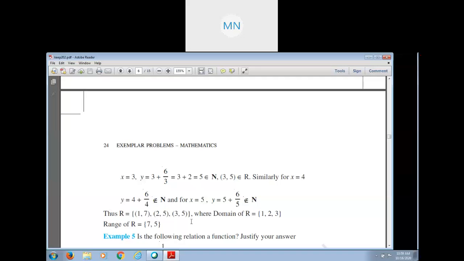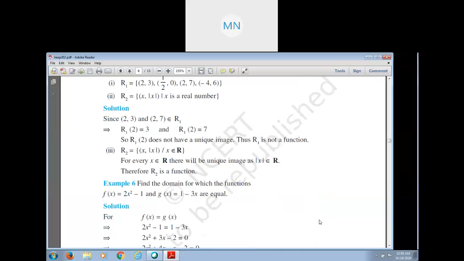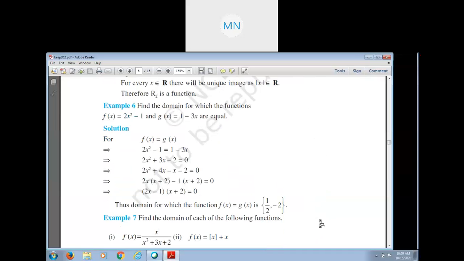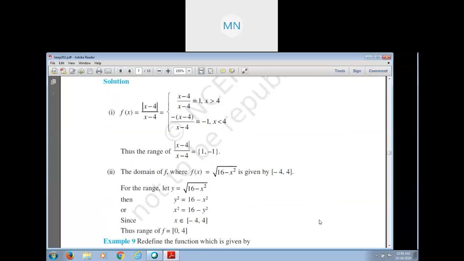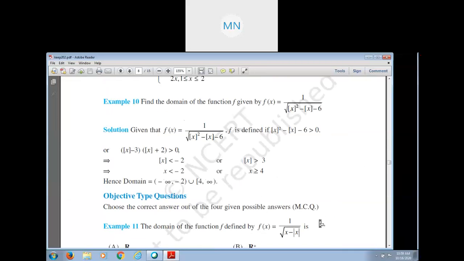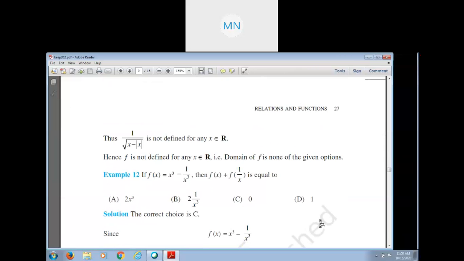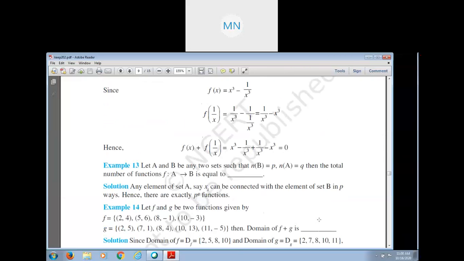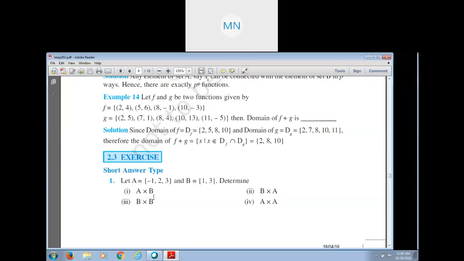Now understand. Write this problem as your homework.